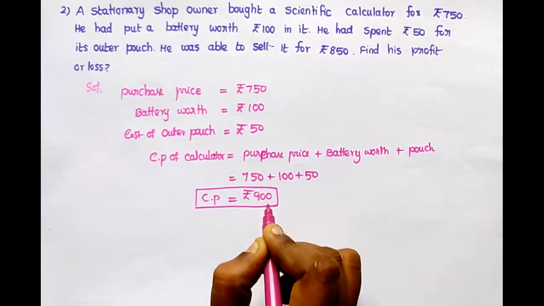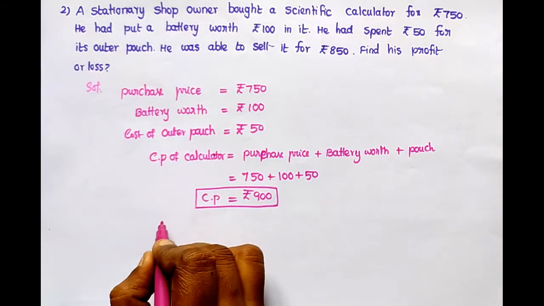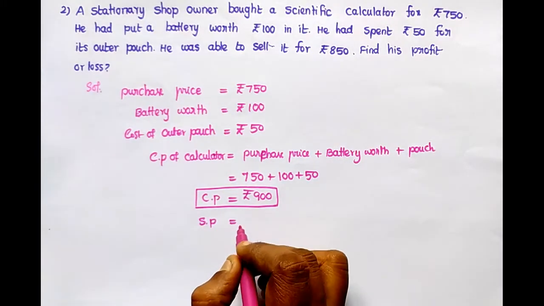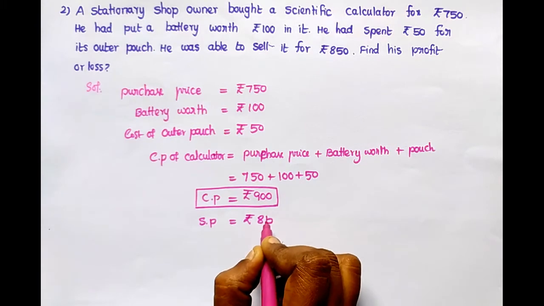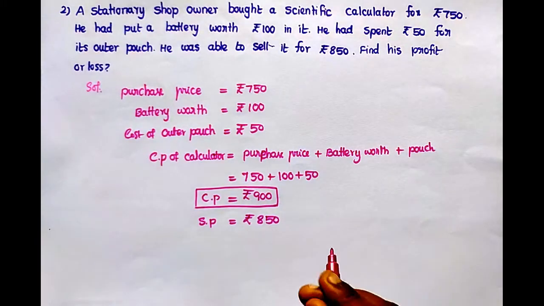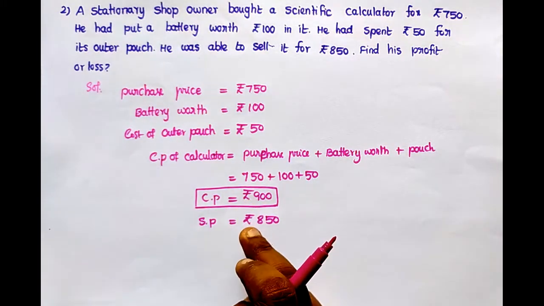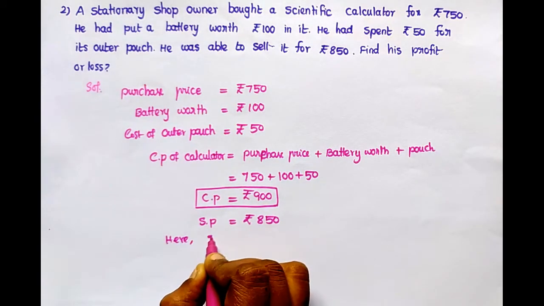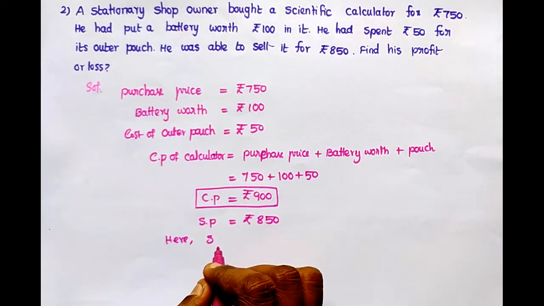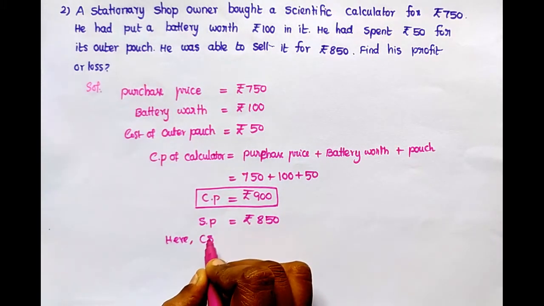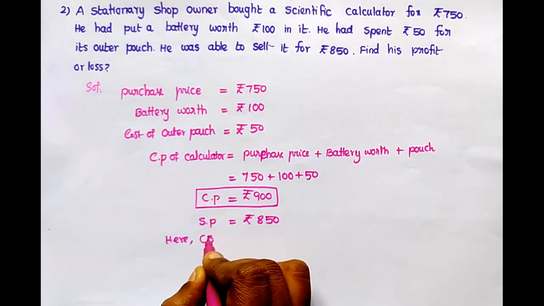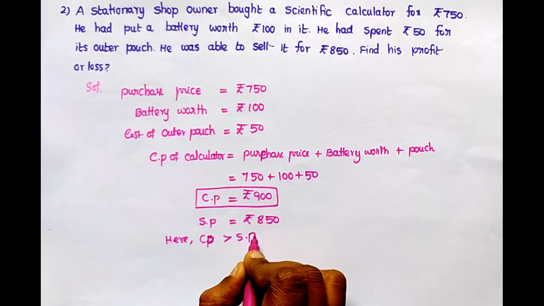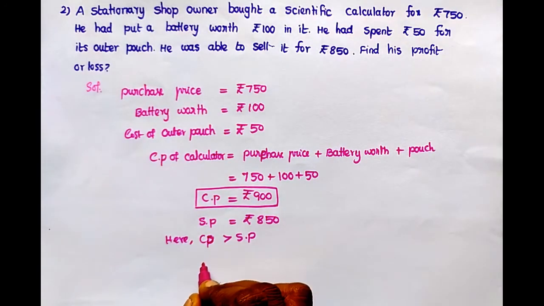And they given the selling price. Selling price is rupees 850. Now compare the cost price and selling price. Here the cost price is greater than the selling price, so that is loss.